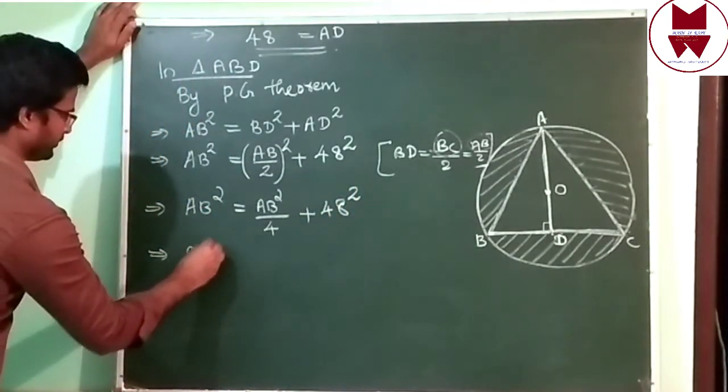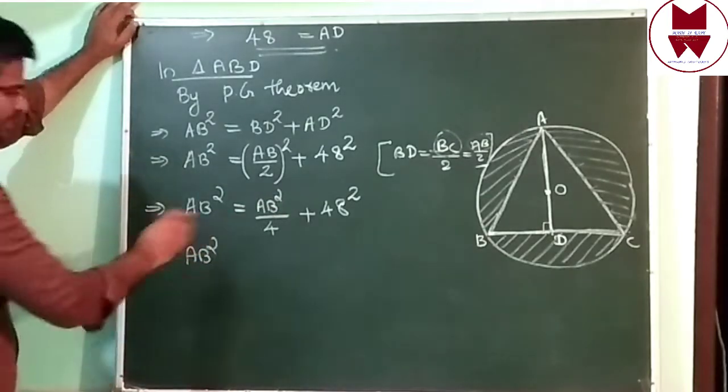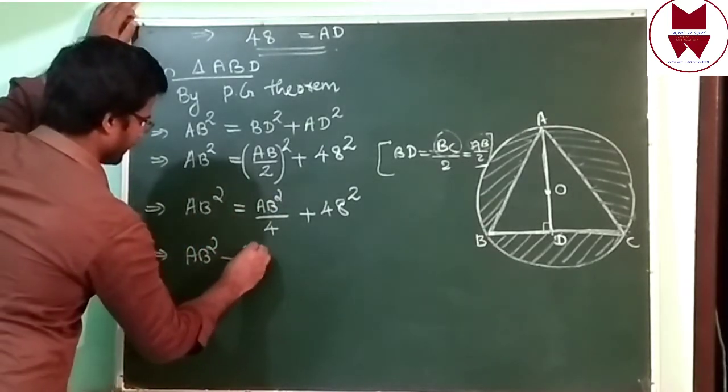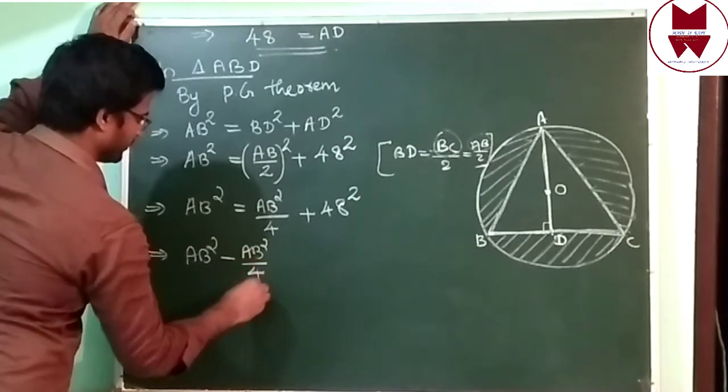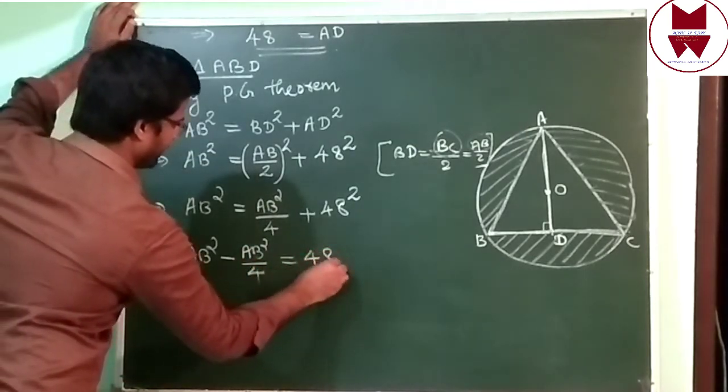Bring AB square divided by 4 to the left side: AB square minus AB square divided by 4 equals 48 square.